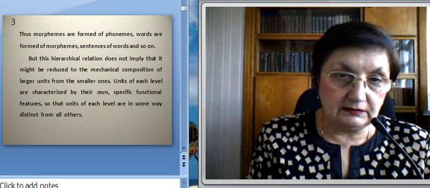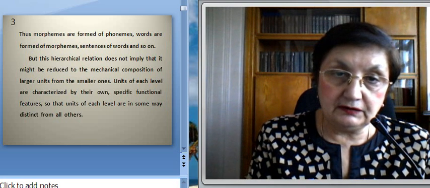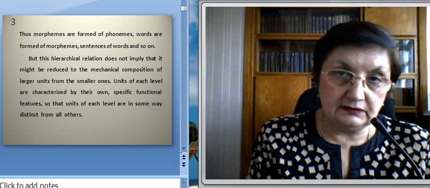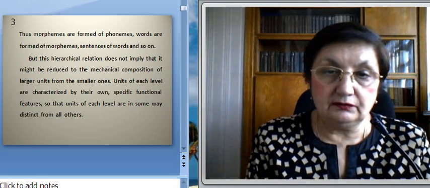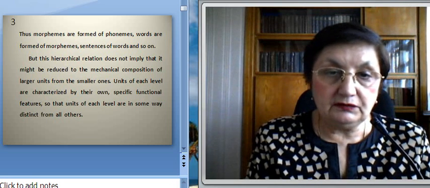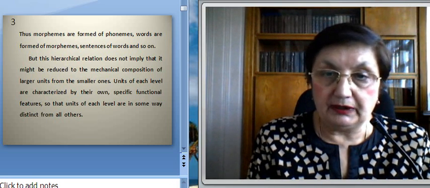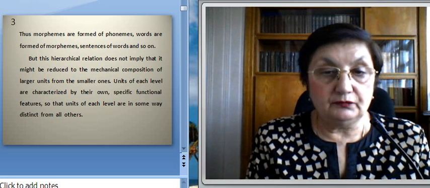Thus, morphemes are formed of phonemes, words are formed of morphemes, sentences of words, and so on. But this hierarchical relation does not imply that it might be reduced to the mechanical composition of the larger units from the smaller ones.